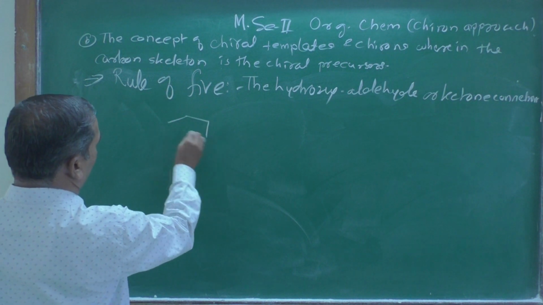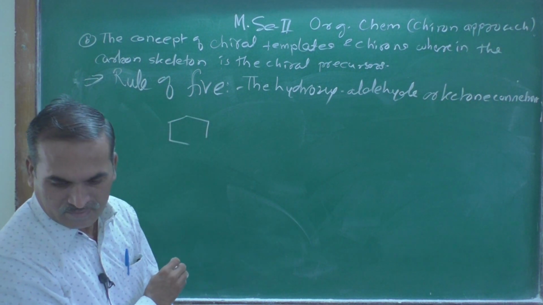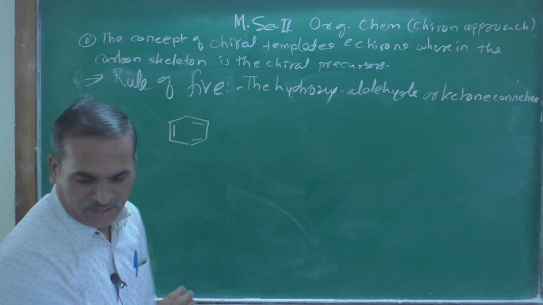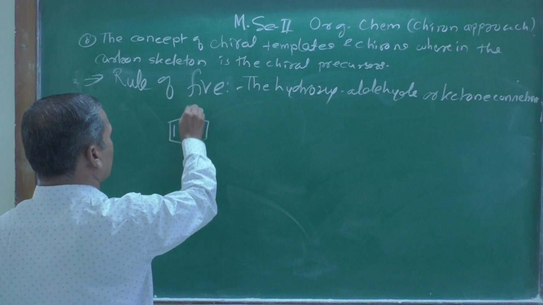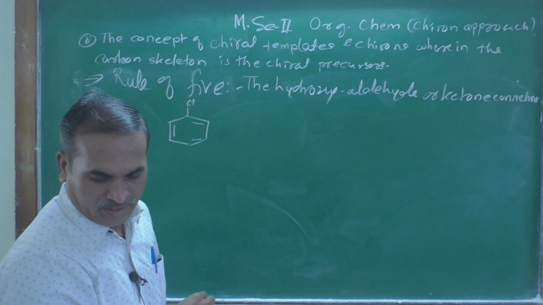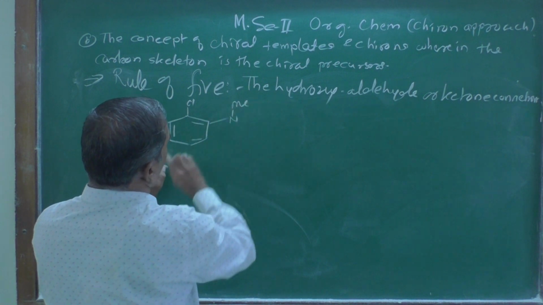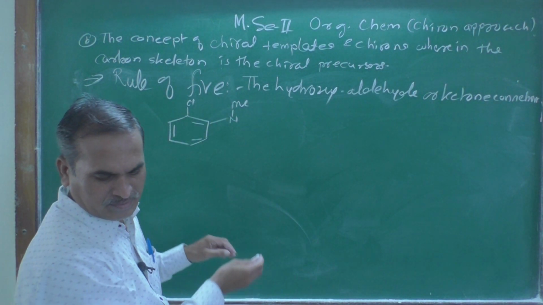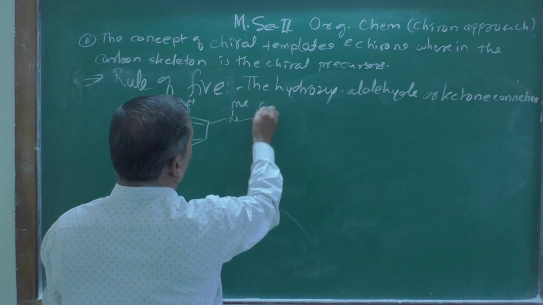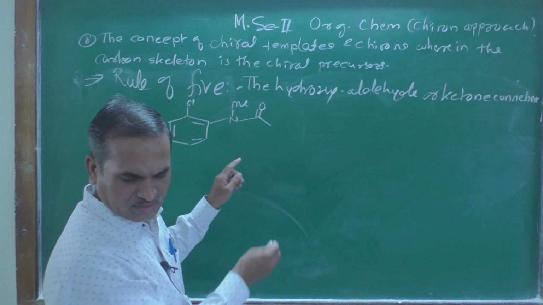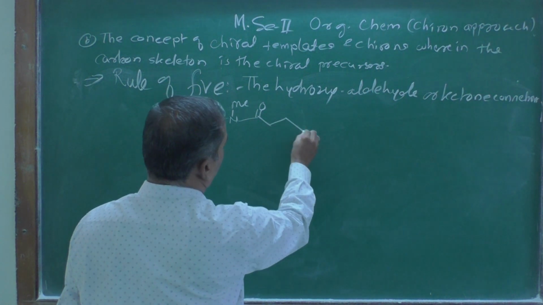This is the structure of metacine. Here is a benzene ring, containing a chlorine atom, and then here is an N-methyl group, then there will be a carbonyl group, then this one.